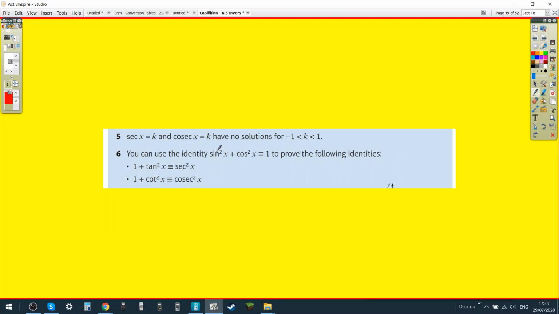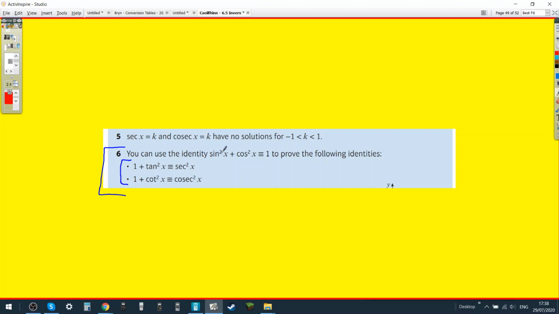Identities. How do you prove those identities? Using what they give you. You change the sec to 1 over cos squared x.